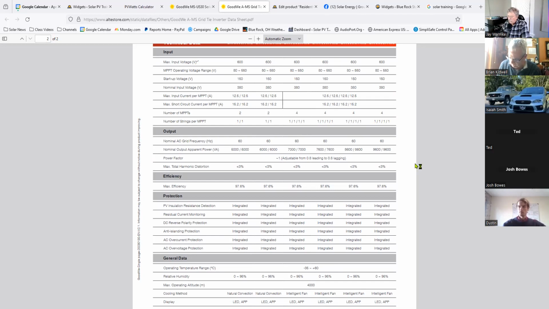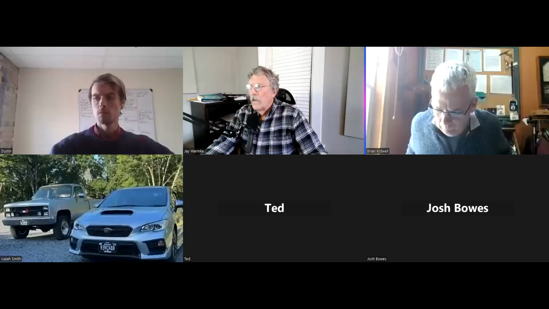And why did you need to know the output amperage? You were looking for the AC tie into the house? Yeah, because now I'm going to try and take all this information and design the system. So I need to know what's the amperage going through those wires so I can size those wires. Okay. So normally you can just pull it off the spec sheet, but in this case, you're just not able to.